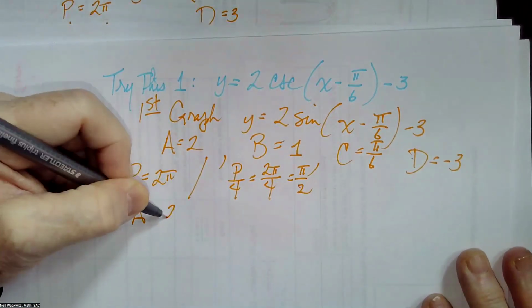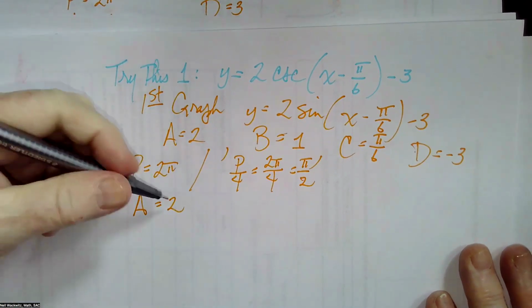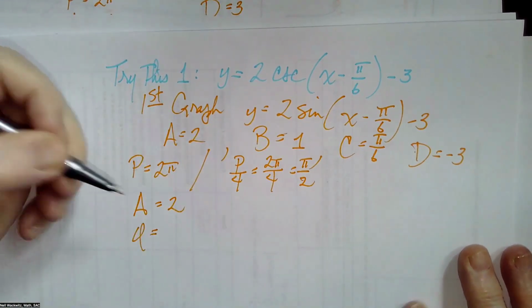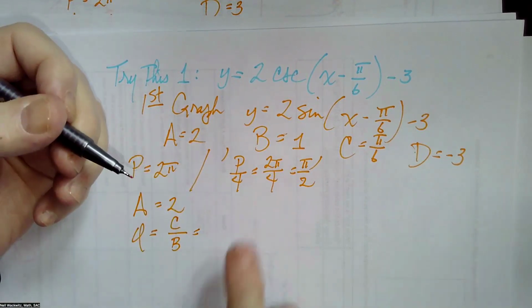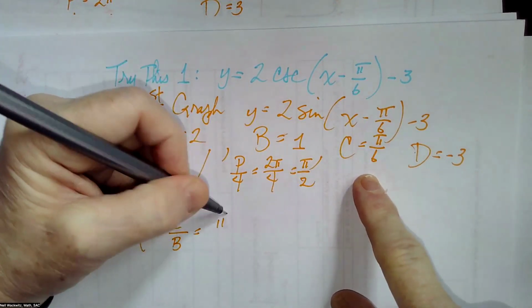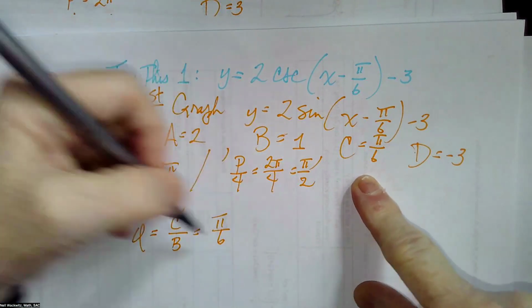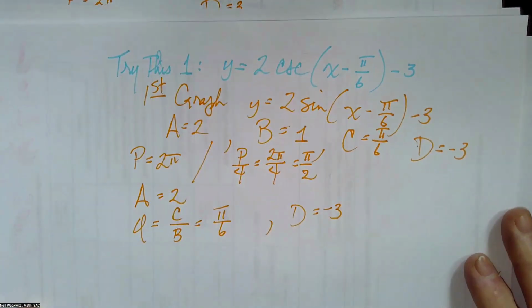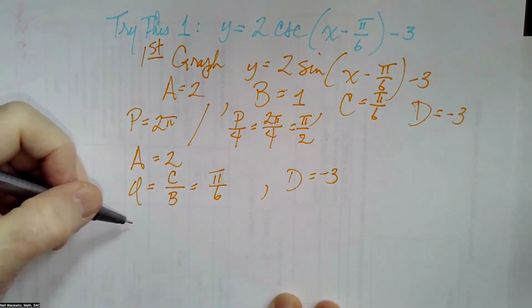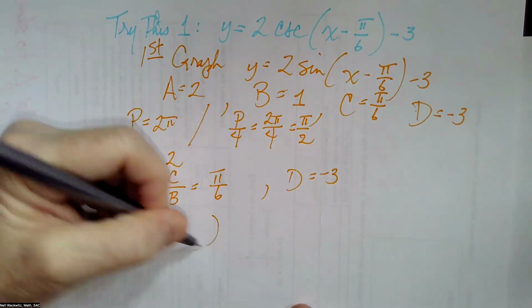The amplitude is 2. V, which is C over B, and B is 1, so it's just going to be pi over 6. And D is negative 3. That's everything we need to fill in our 5 points.